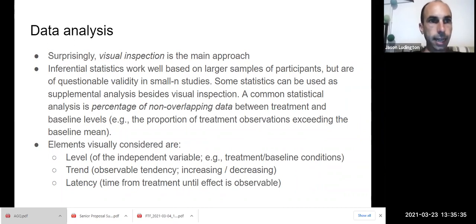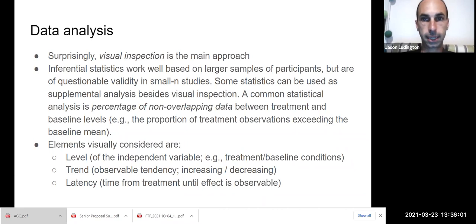Next slide, data analysis. Surprisingly, visual inspection is the main approach for single subject designs and treatment reversal designs. Inferential statistics work well based on larger samples of participants, but are of questionable validity in small sample studies.